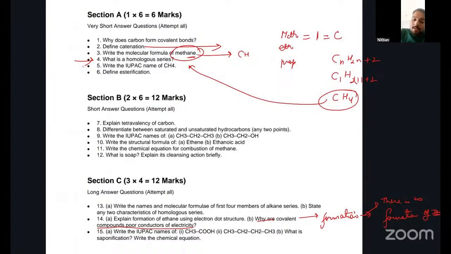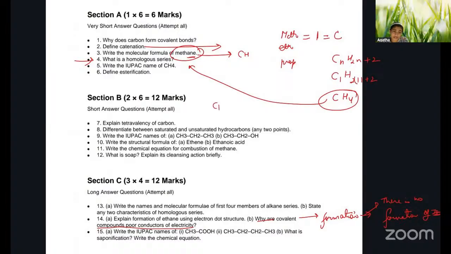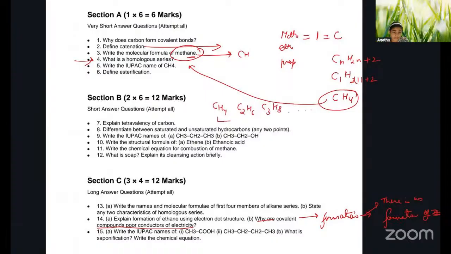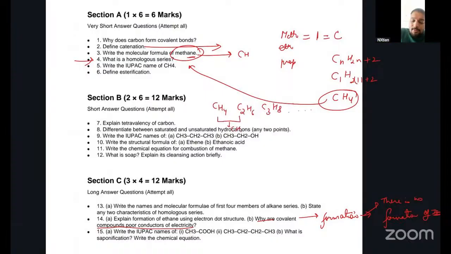Let's talk about CH4, C2H6, C3H8, and so on. In this, everyone has a difference of CH2. So they are in one family, but the members of each family have a difference of CH2. We learned types such as alkane, alkene, and alkyne. These are the families.